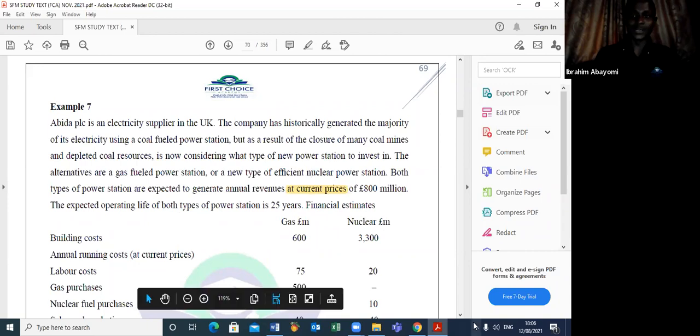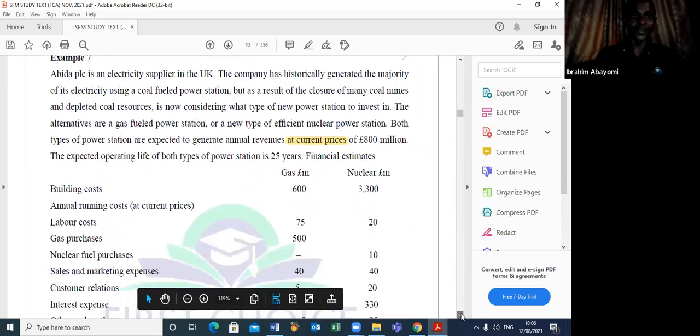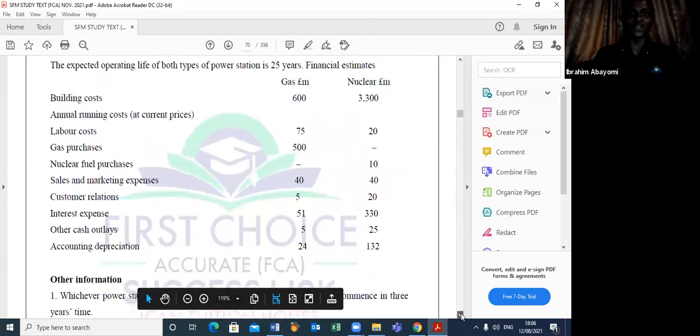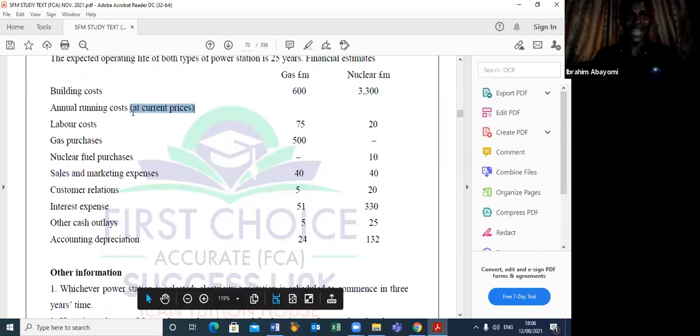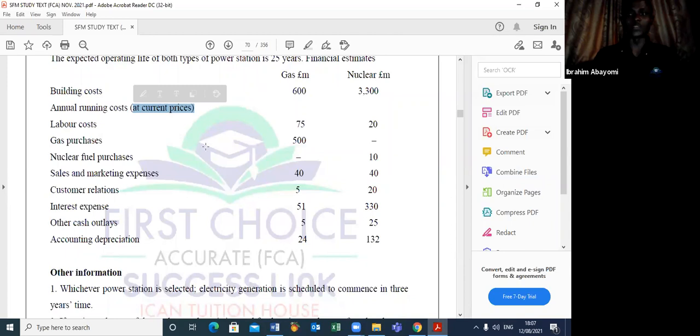Let's look at the financial estimate. Building cost, 600 for gas, 3,300 for nuclear. Annual running costs at current prices. Labor costs, 75 for gas, 20 for nuclear. Gas purchases, 500 for gas, nothing for nuclear.